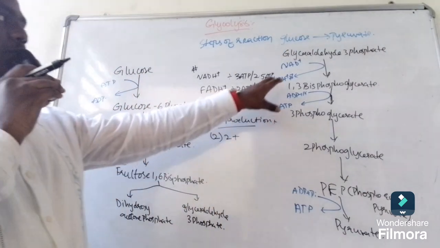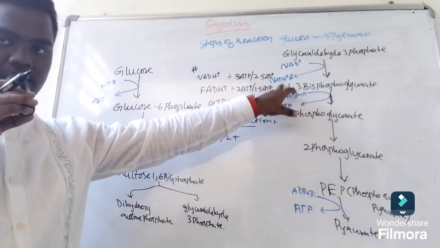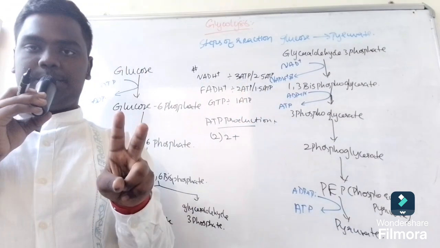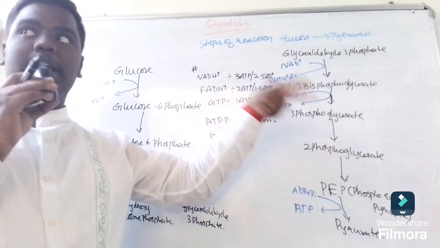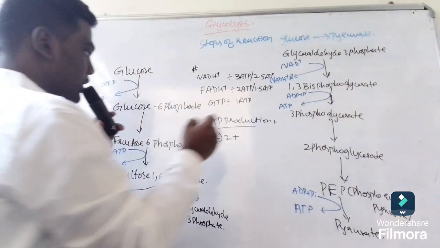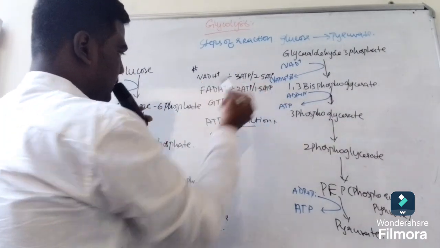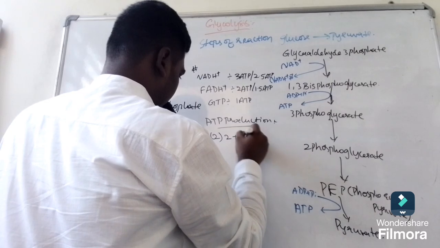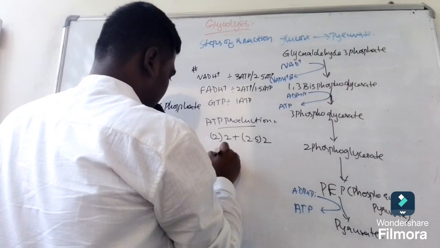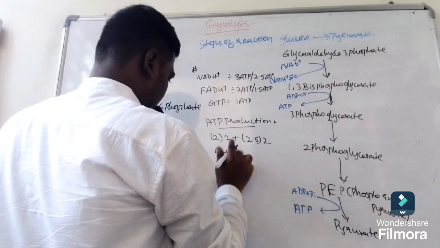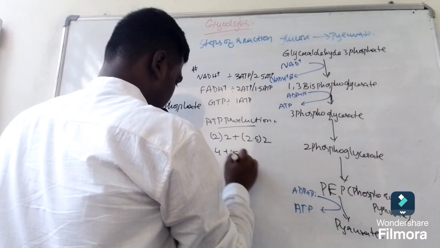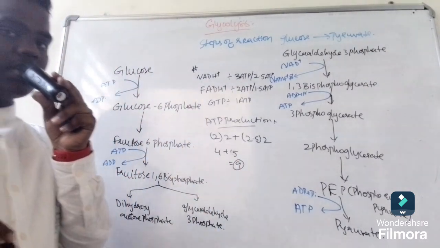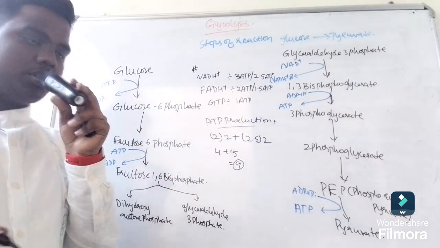And NADH plus H plus is also occurring 2 times along with these. Because NADH plus H plus corresponds to 2.5 ATP, 2.5 times 2 is 5, and 4 plus 5 gives 9. This is your ATP production.